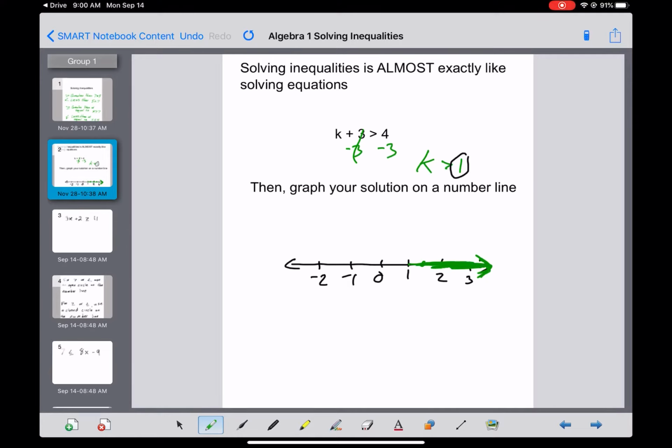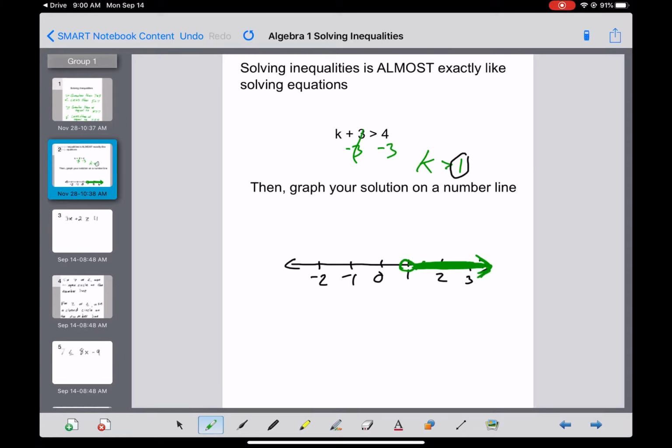But the thing I have to ask myself is, is k actually allowed to be 1? Well, no, it's not. K has to be greater than 1. So I'm going to put an open circle here on 1 to show that 1 isn't actually included, but that's where my arrow starts, is everything to the right of 1. So I use an open circle there to show that 1 itself is not part of the solution.